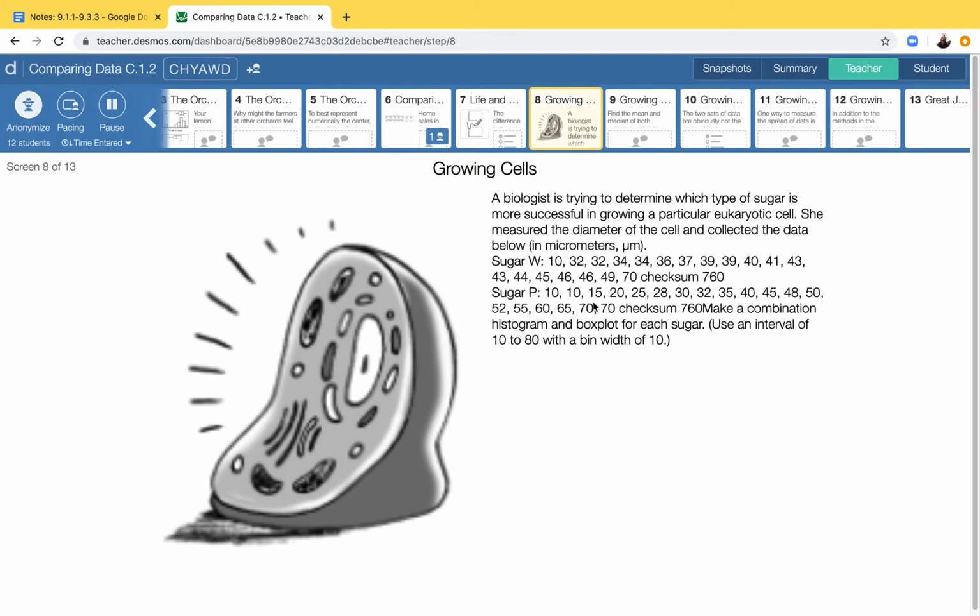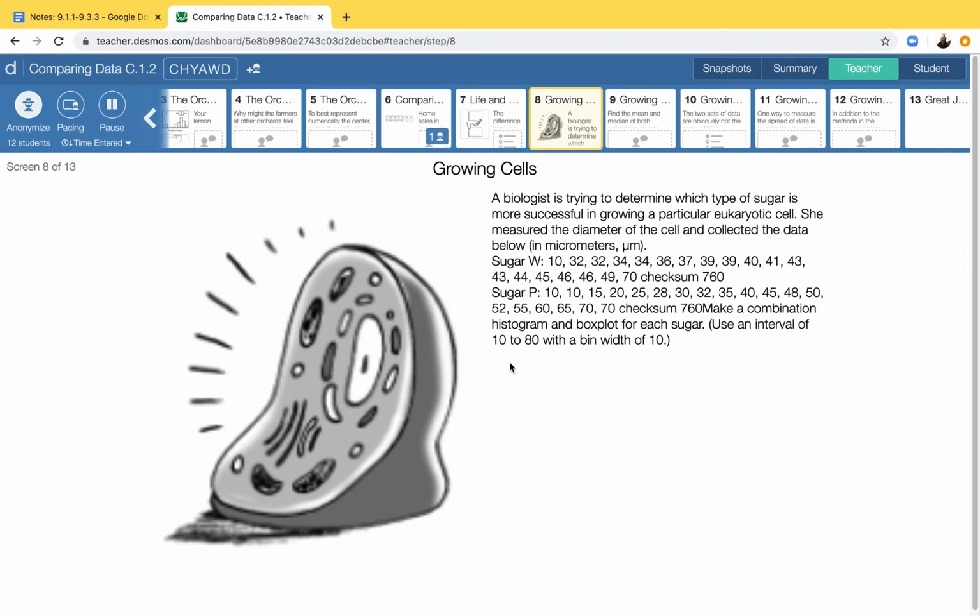I have a feeling that there's a lot of cells that would be in a sample, and so maybe they just measured these cells. So I'm going to say that these are a sample. This is not every cell on that Petri dish or on that slide. This is a randomly selected sample. Okay, so this is a sample of sugar W and a sample of sugar P.